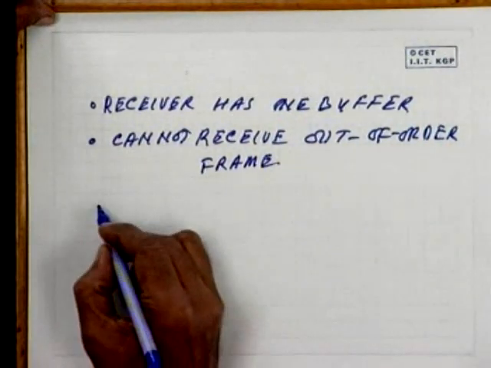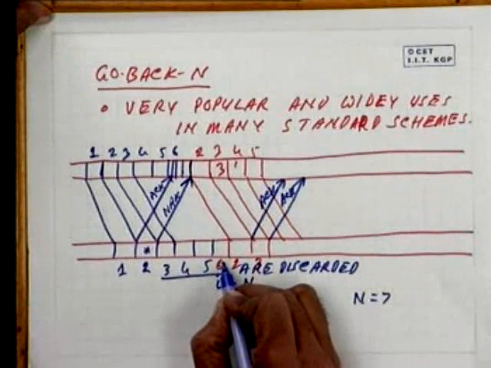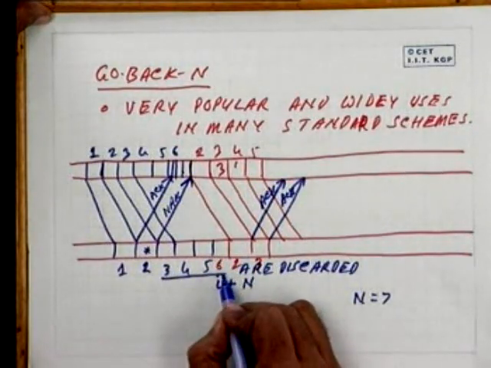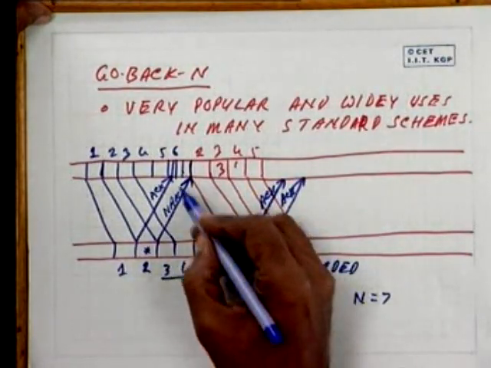Now, what is the penalty for that? The penalty here is that you are retransmitting some frames, 3, 4, 5, 6, although they were received in correct form.